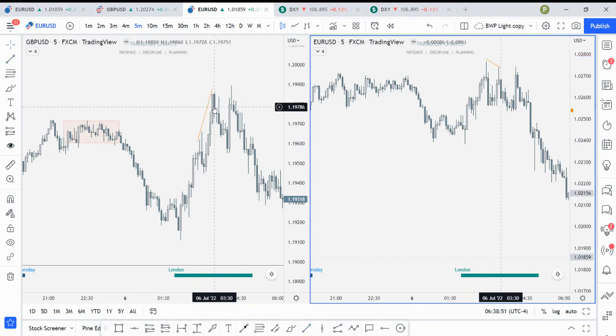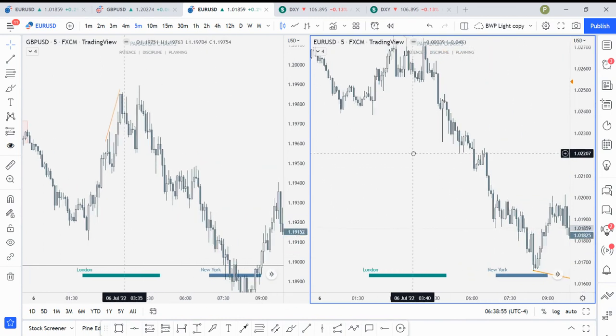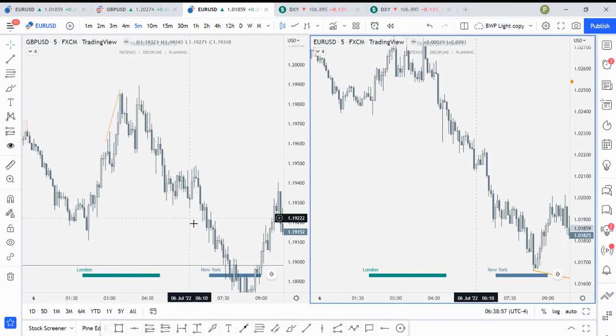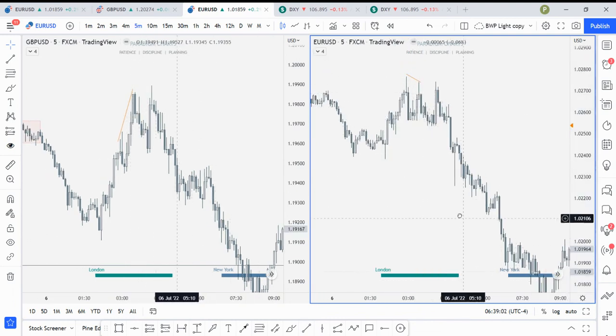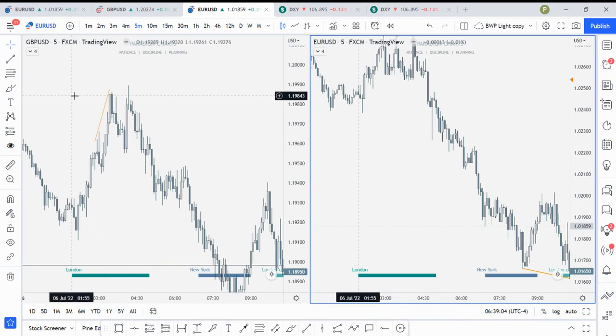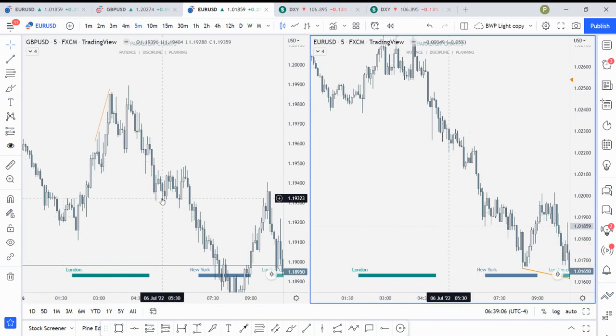Higher high, lower low. That is SMT. You can see the aggressive sell off that happened after.